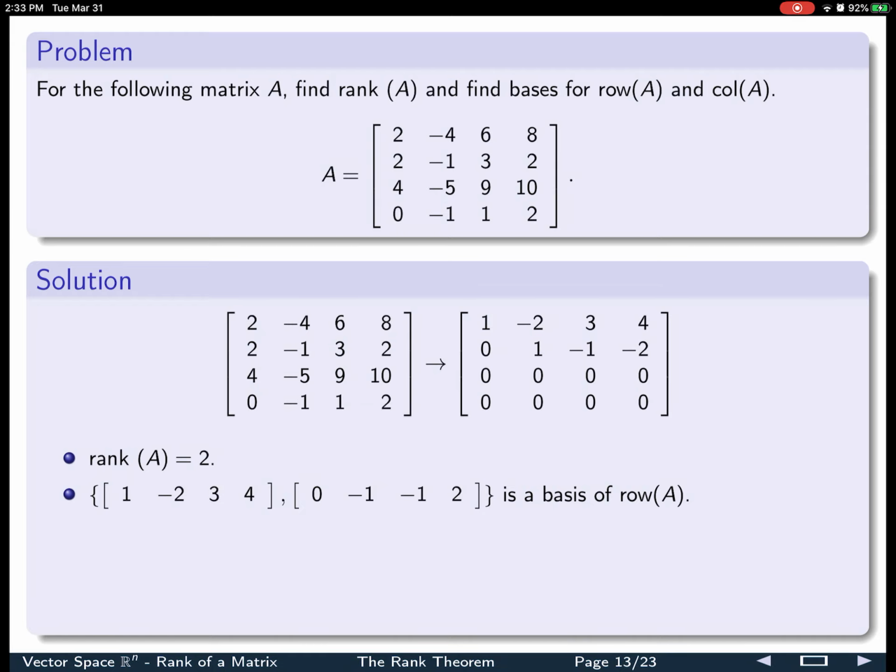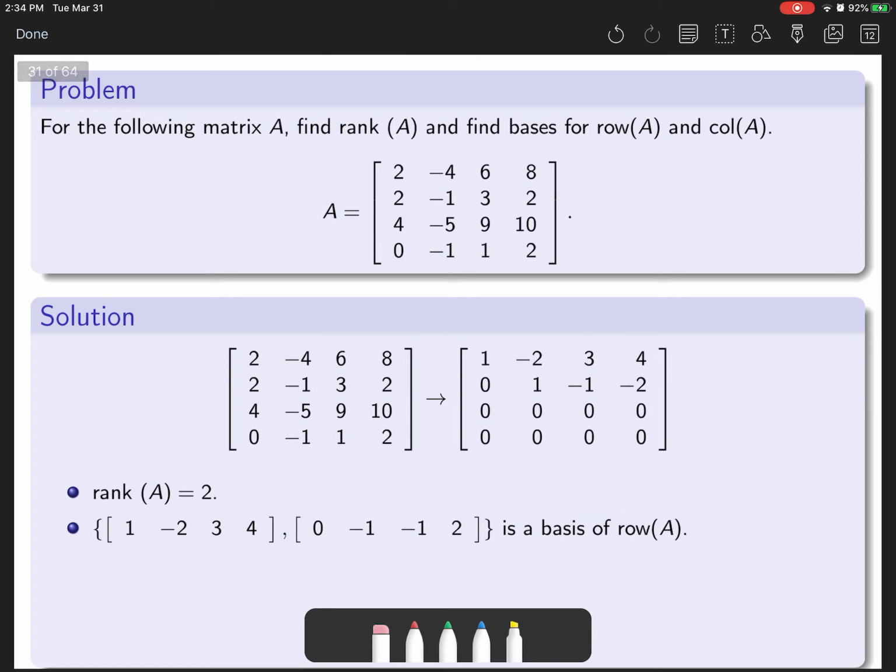Actually, just using the 2 top vectors here in the echelon form works for providing a basis for the row space of this matrix. When you do row operations on a matrix, it does not change the row space overall. So yes, we still have a 2-dimensional row space, and those are a good basis.